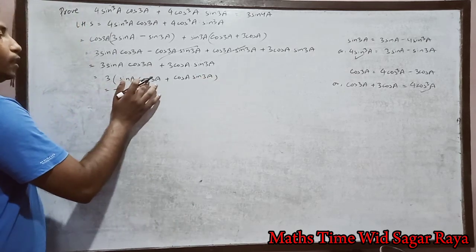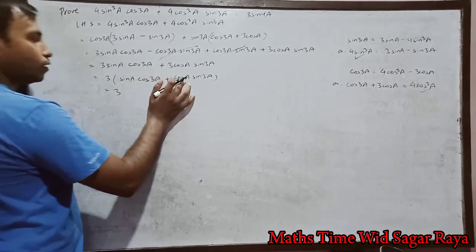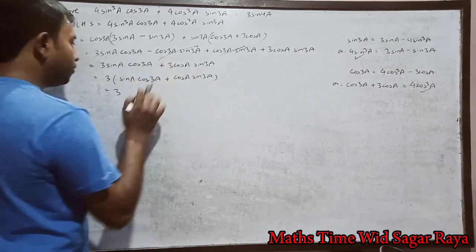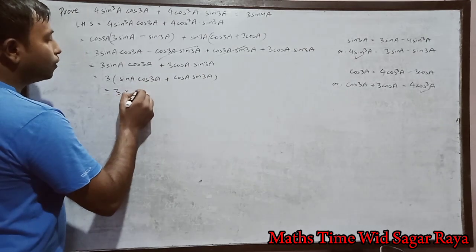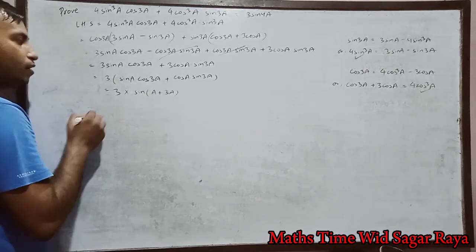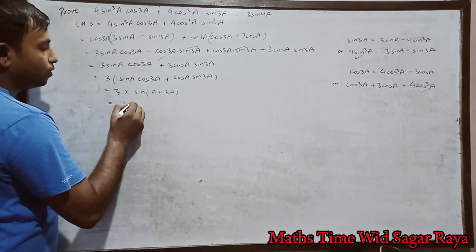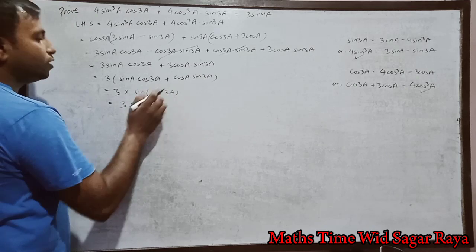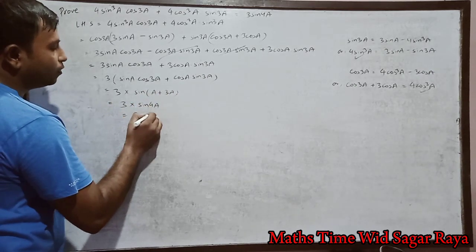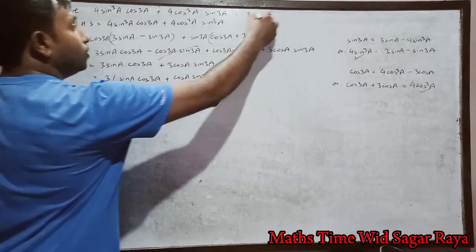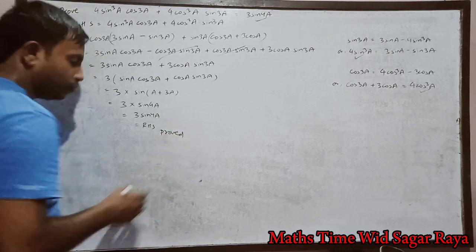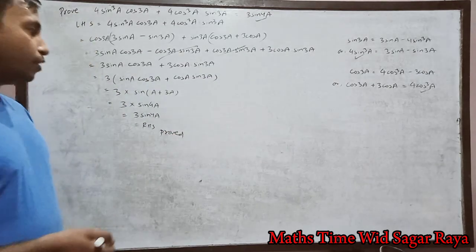Now sin a cos b plus cos a sin b is the formula of sin a plus b, where b means here 3a. So 3 into sin a plus 3a, it will be 4a. So 3 sin 4a, which is equal to RHS. Proved. So this is the required solution.